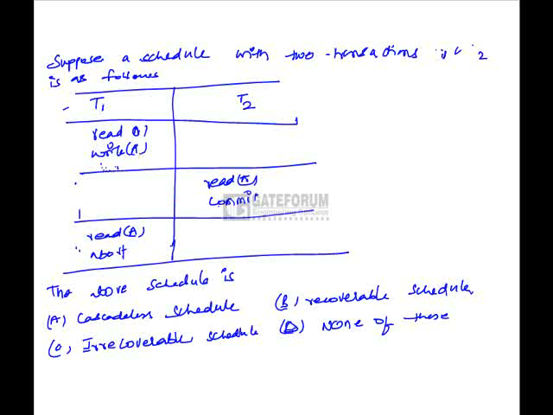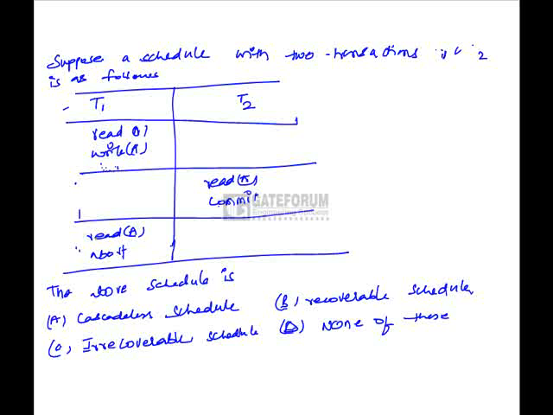T1 writes A and T2 reads A which is written by T1, and as soon as it reads the value of A, T2 commits, and after that T1 again reads A, and then it aborts.